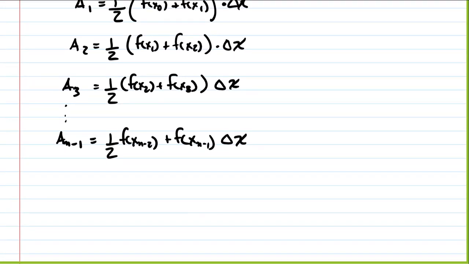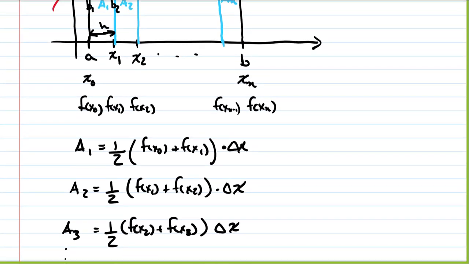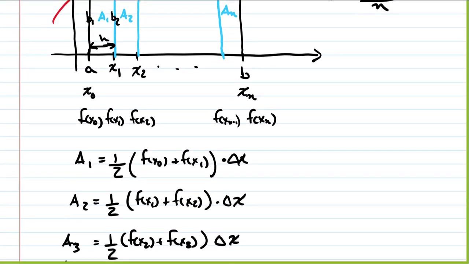And then finally we get to our very last trapezoid, A sub n, and it's going to be 1/2 f of x sub n minus 1 plus f of x sub n times delta x, right? For all of those different ones all the way till we get to the very, very end.